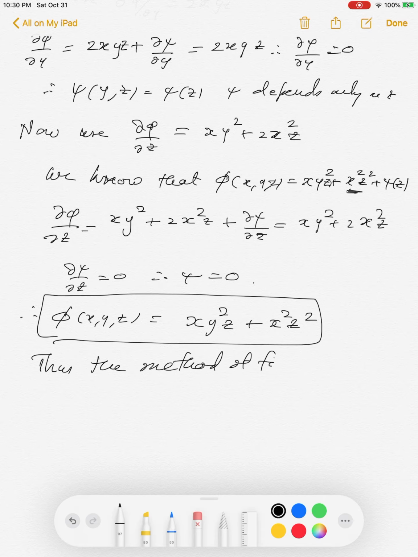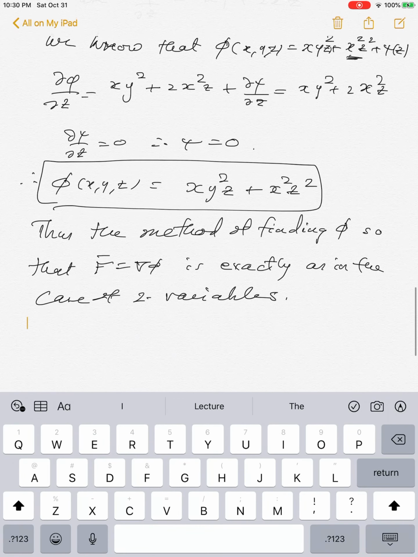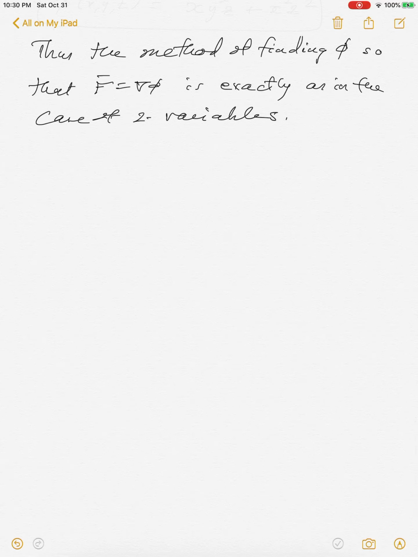So thus the method of finding phi, so that f bar is grad phi, is exactly as in the case of two variables. Once you know that the vector field is conservative, then it's exactly the same.